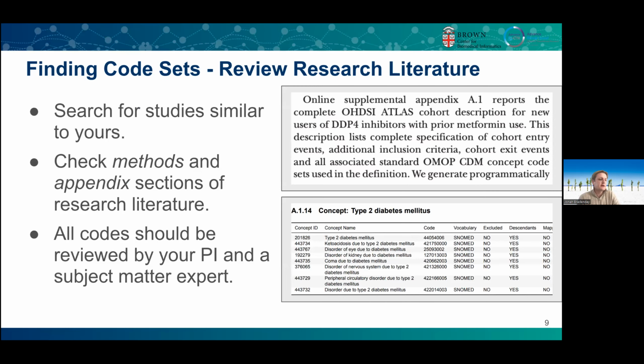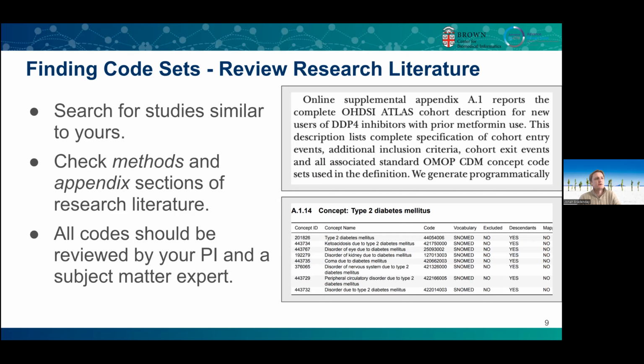The first place we recommend looking for these code groupings is in your research literature. And this will likely be from articles that you have already gathered at the beginning of your research process from studies similar to your own. And by checking the methods and appendix sections of this research literature, you may find lists of codes as well as descriptions of logic used in, say, defining a cohort or other analysis parameters.